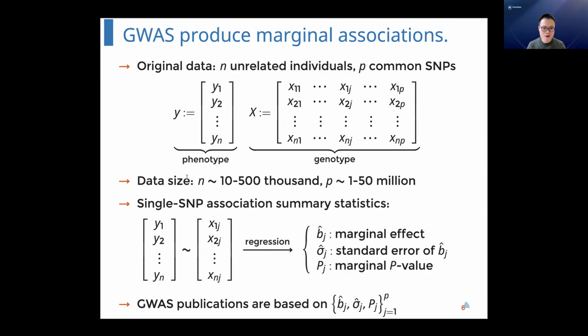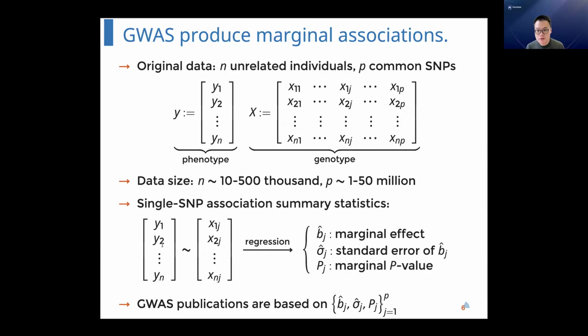Once we have this large amount of data available, the standard analysis in GWAS, even up until now, is to perform single SNP association testing by simply regressing the Y vector on each column of the X matrix.